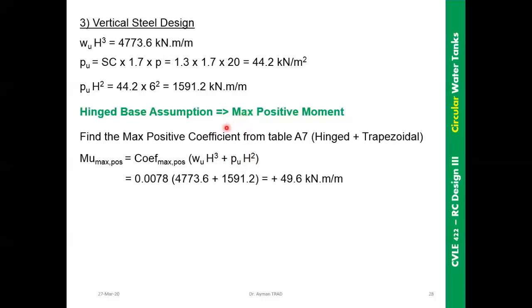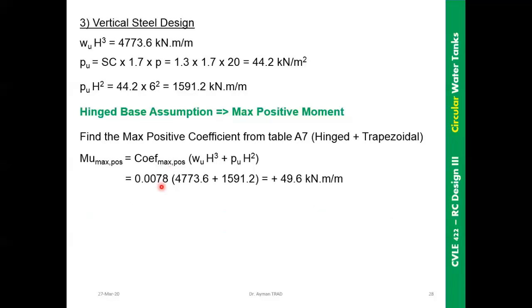Now I have a table in the appendix directly for the trapezoidal load, so I won't have to do superposition. I have a table for the hinged base trapezoidal load, so we'll look directly at the corresponding coefficient. It's not my objective to draw the bending moment diagram but only to design. So we can look in this table directly at the maximum positive coefficient in order to determine the maximum positive moment. It comes out 0.0078.